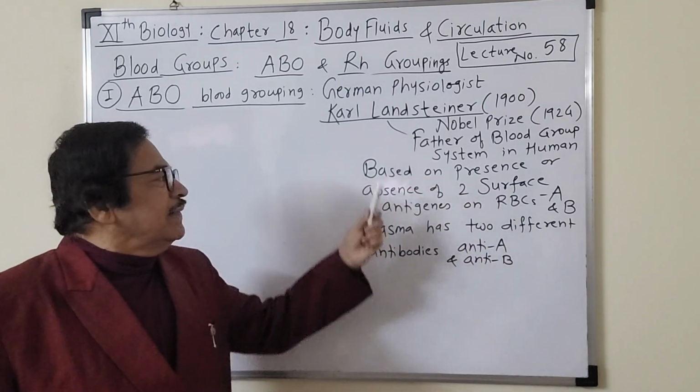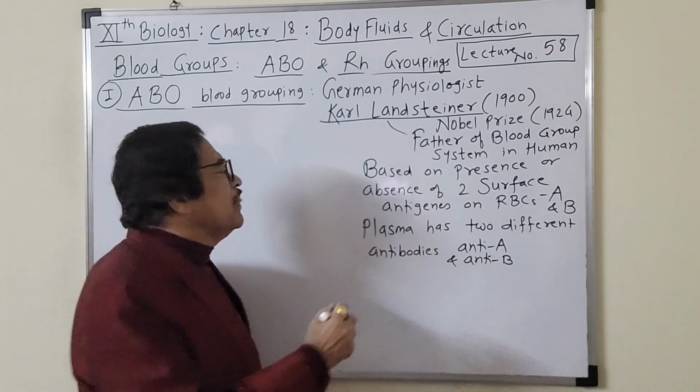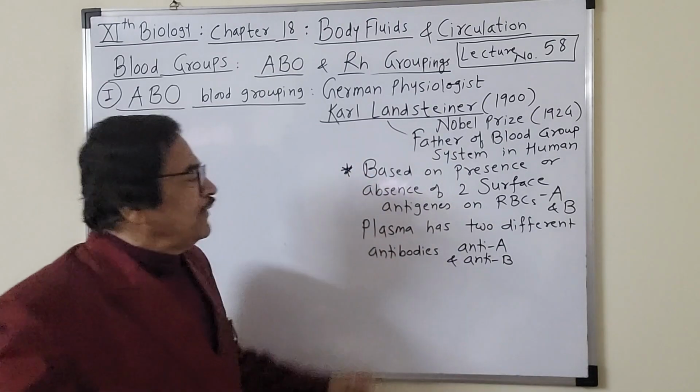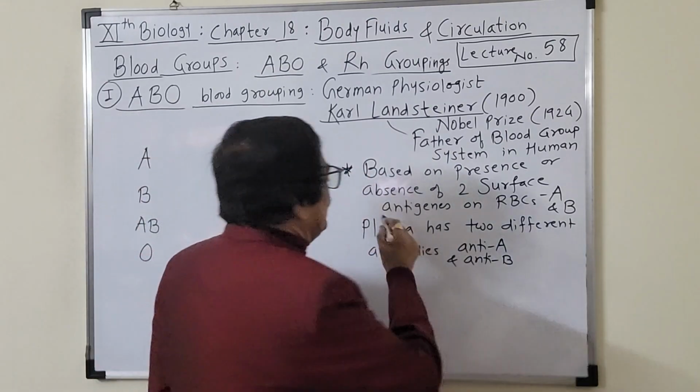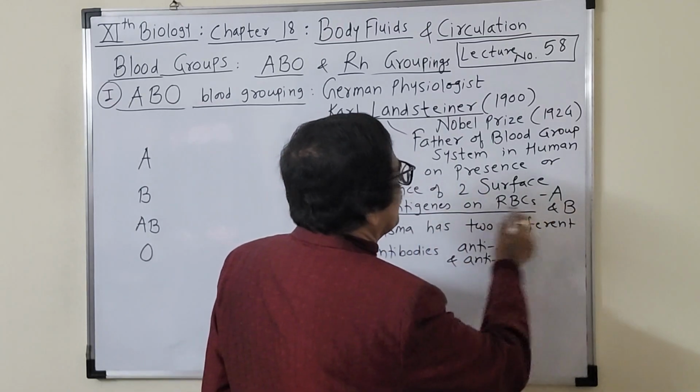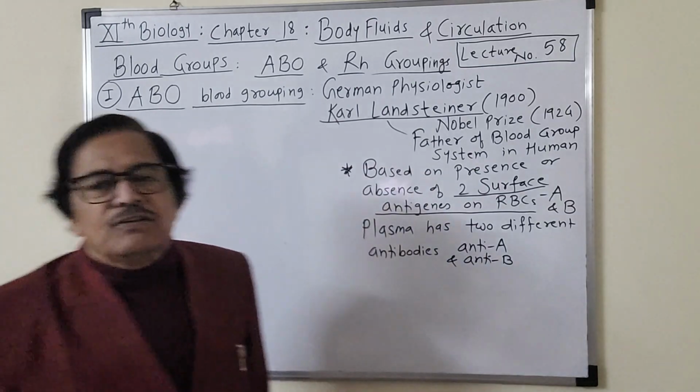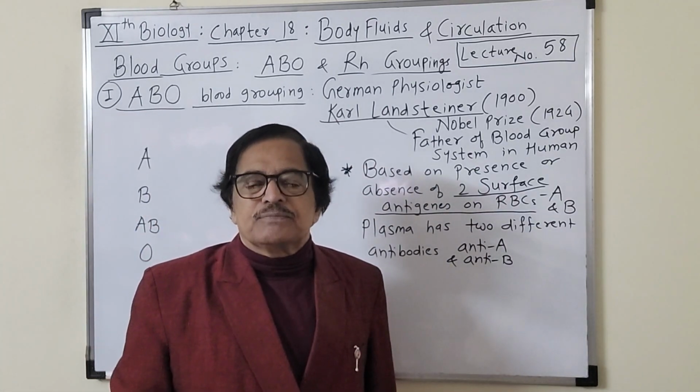Okay, then this is based on the presence or absence of two surface antigens present on RBCs. We know that RBCs, red blood cells, are present on a very large scale in the blood.